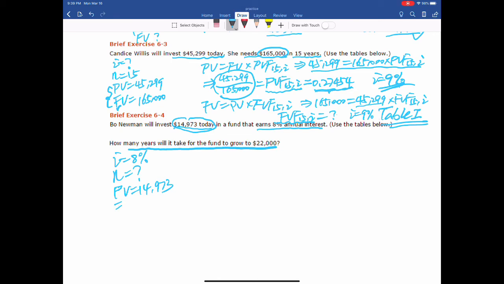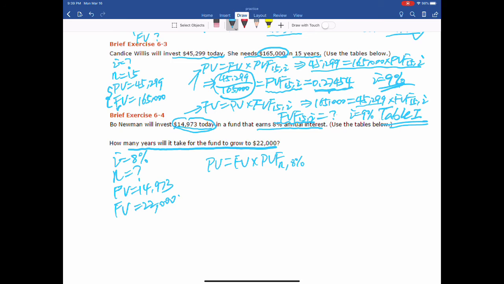We have the future value, which this person needs, 22,000. Again, you can use either of the formulas. Let me use the present value as an example. Present value equals the future value multiplied by the present value factor, and we don't know n, we know 8%.